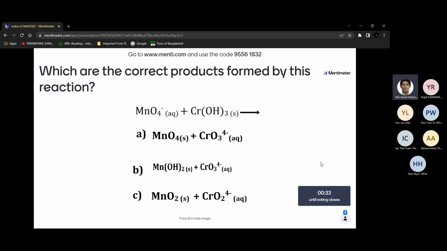Only 2 students have voted. I need more. 30 seconds. I can see only 3 students voted. Three, 2, 1, gone.